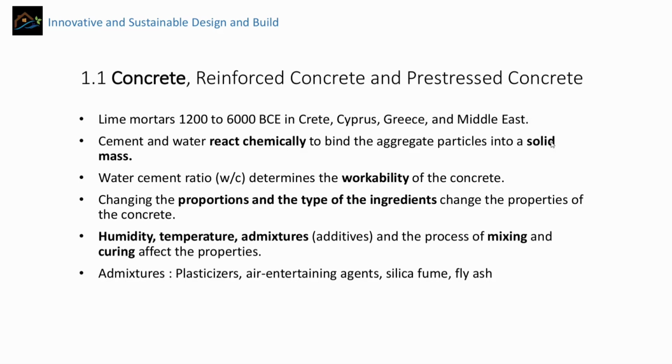The curing, as I said, is also important. We need to keep the concrete moist all the time so that it reacts chemically and gives the maximum strength in 28 days, which is recommended. The admixtures we use could be plasticizers, air entraining agents, and silica fume or fly ash.